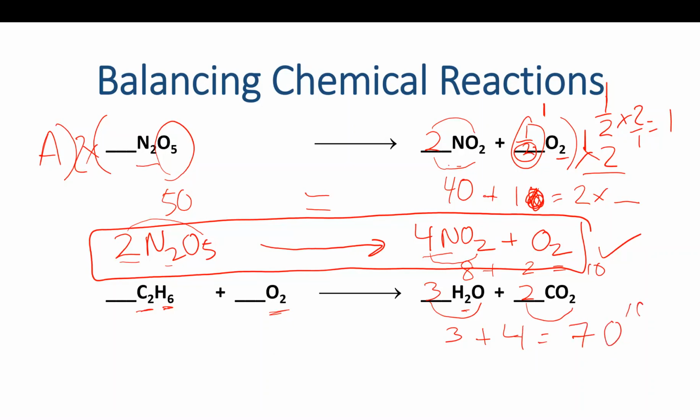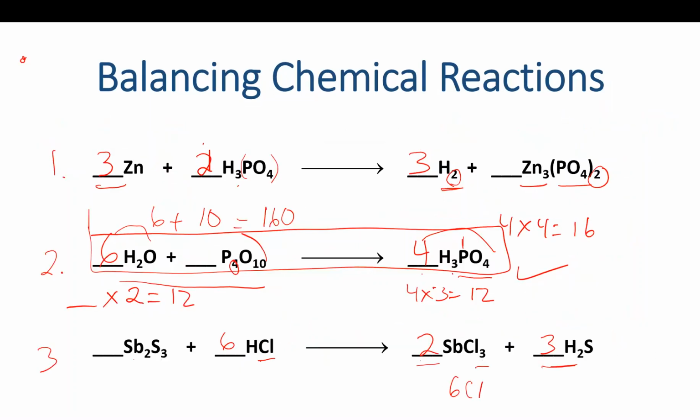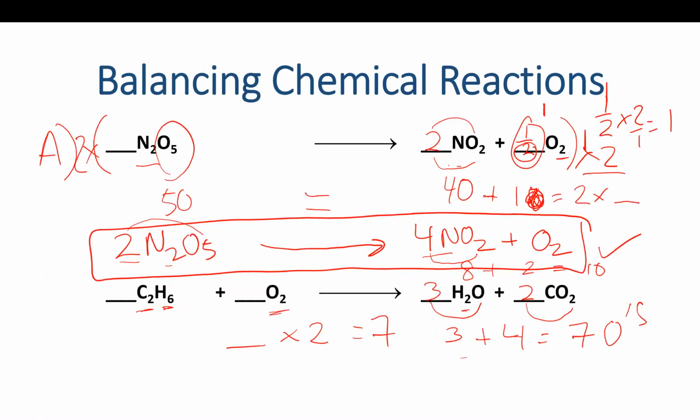Now I go over here, 2 times what number would give me 7? Whoops, sorry about that. 2 times what number would give me 7? Because I have 7 oxygens on this side, and I know I have 2.